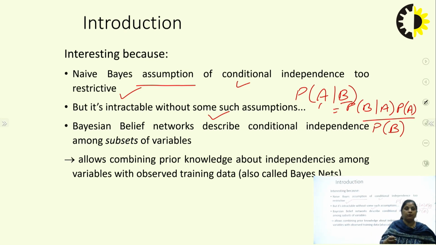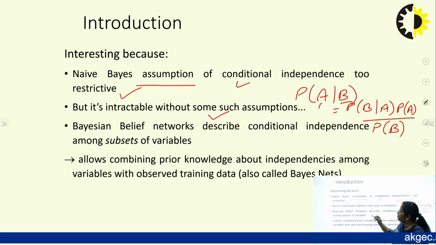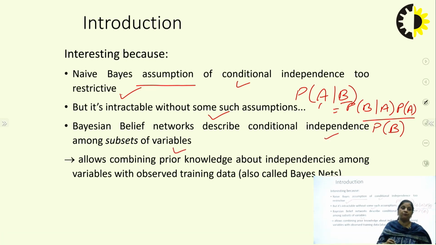So we want to release this too-strong restriction by using a subset of variables. Here come Bayesian belief networks, which are also called BayesNet or Bayesian networks. The Bayesian belief network describes conditional independence among subsets of variables.